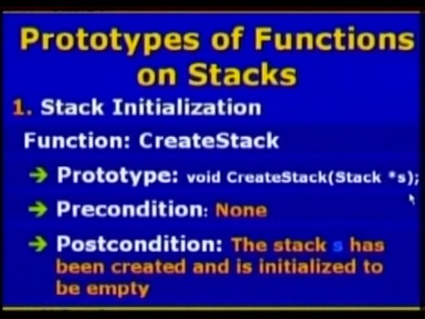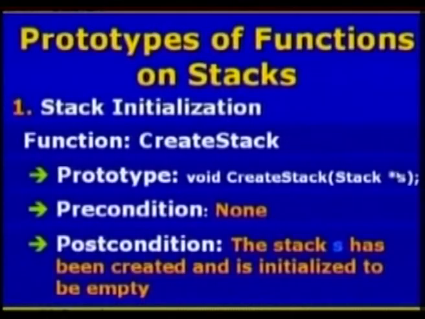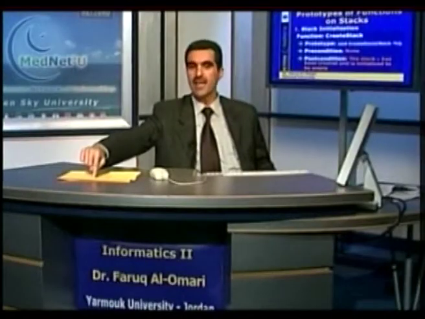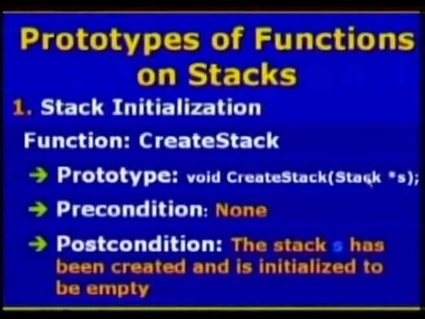The argument, or the parameter I'm going to pass to this function, is a pointer to the stack S. I would like to create a stack called S. And S is actually a pointer to this container called stack. So it's a pointer of type stack.